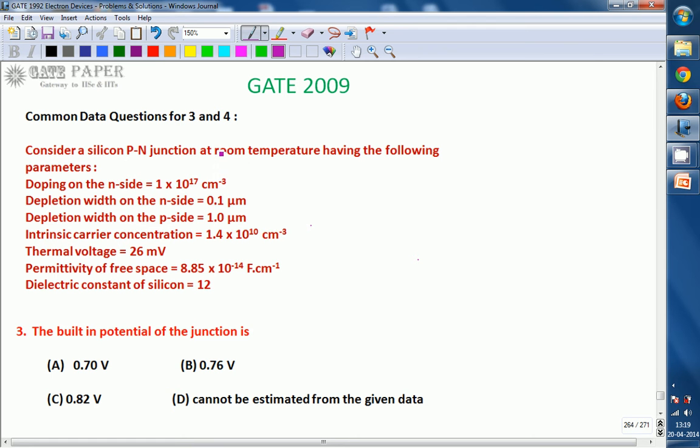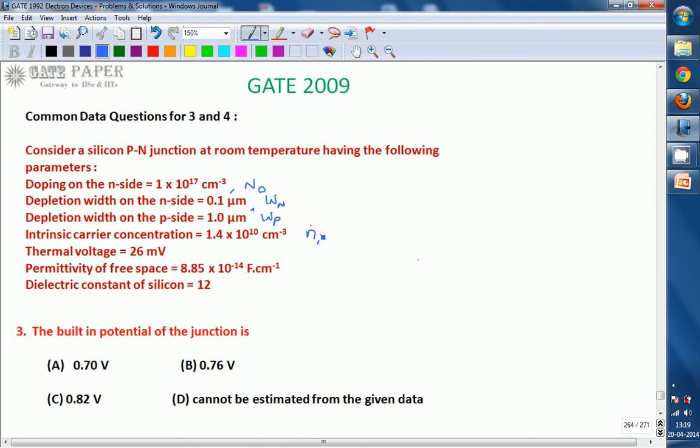In terms of symbols, the doping on the n side is Nd, the depletion width on the n side is Wn, and the depletion width on the p side is Wp.